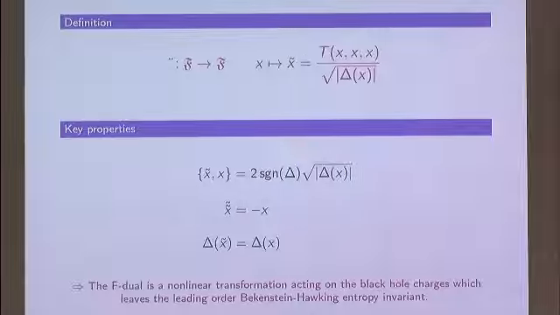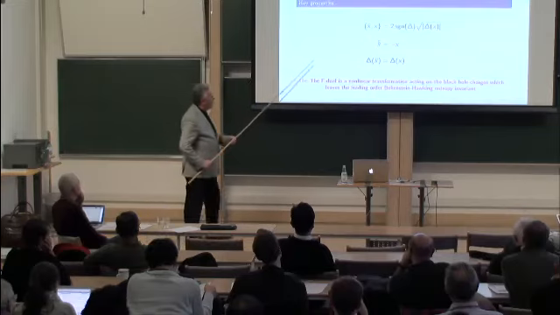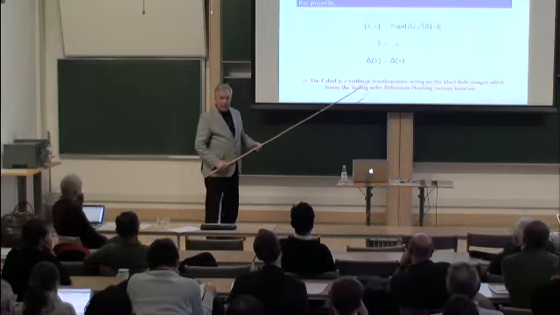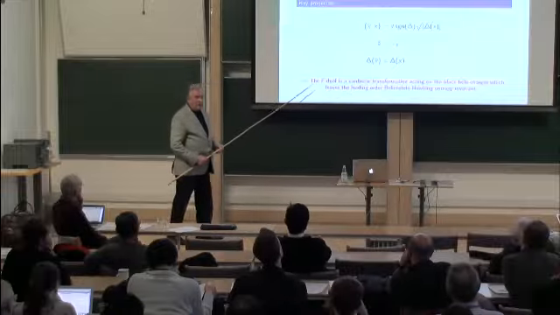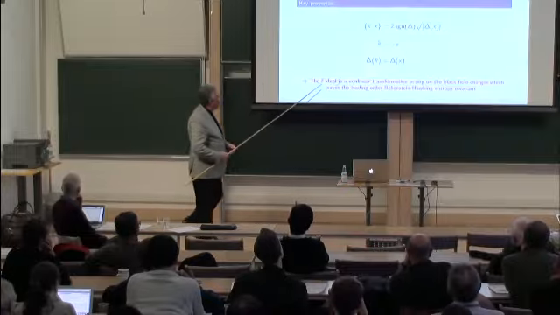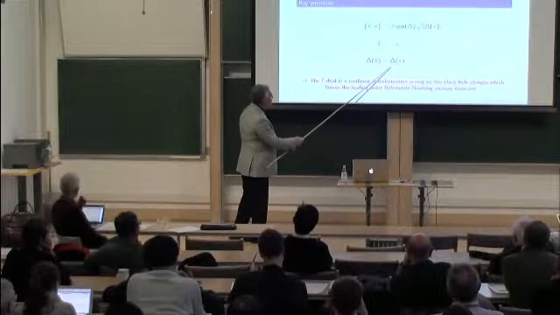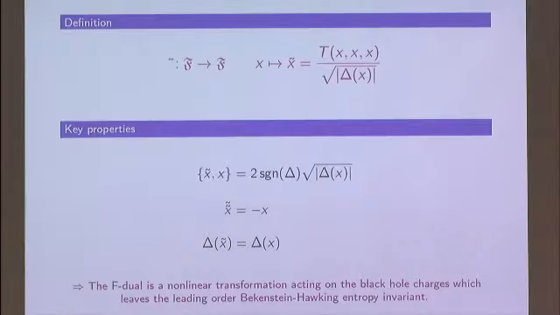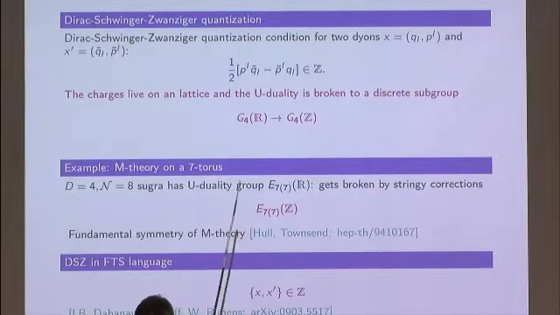So here's a new discrete transformation that preserves the black hole entropy. What does it all mean? Well, we're struggling with that question, but for the moment I just want to impress on you that it leaves the entropy invariant. But more is to come.